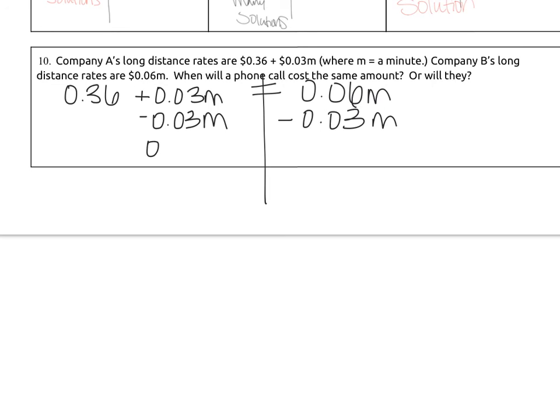So then you have 0.36 equals, well, 0.06 minus 0.03 gives you 3 cents M. The variable is not by itself, so we need to divide by 3 cents on both sides.